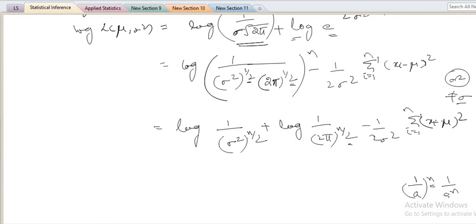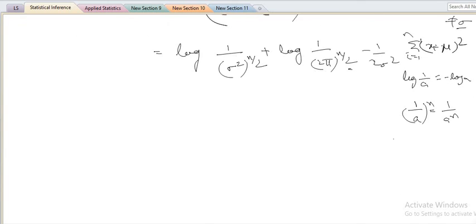Log 1 by a equals minus log a, or simply log a by b is log a minus log b. Here in place of a, what do we have? a equals 1.